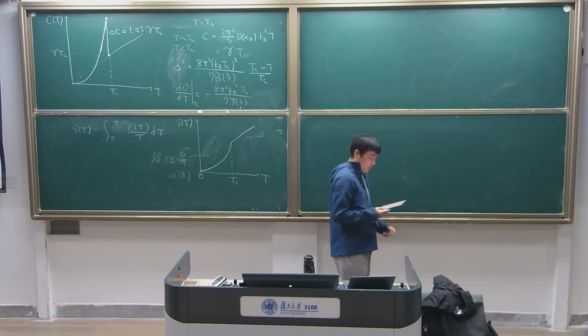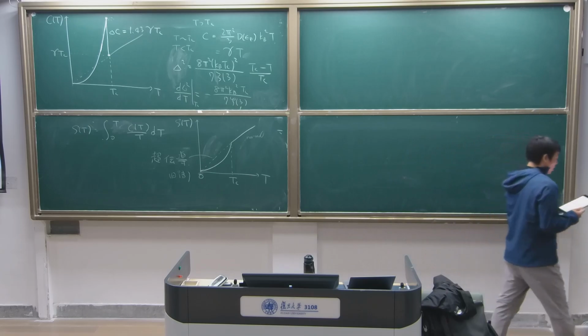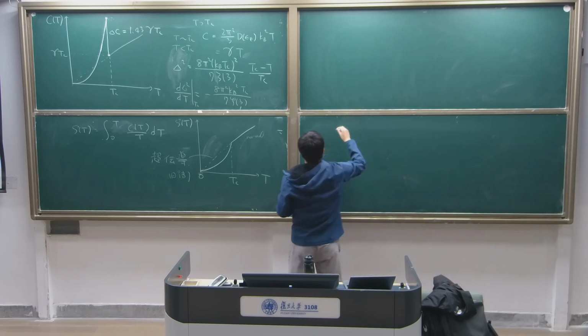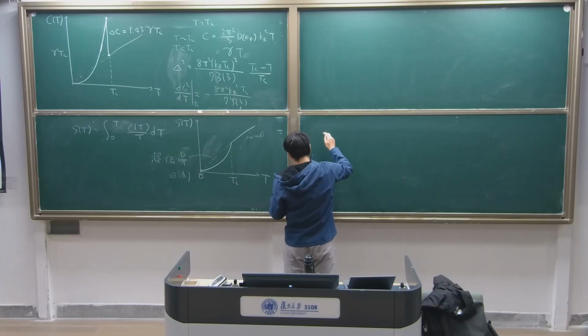Okay, shall we begin? Okay, now, so we introduced the Hamiltonian. In the Hamiltonian, shall we introduce the magnetic field or electromagnetic field? So we have the superconductivity.